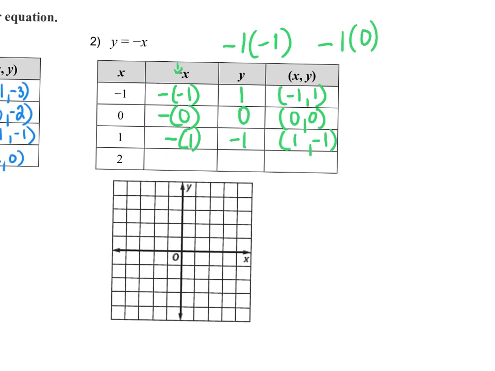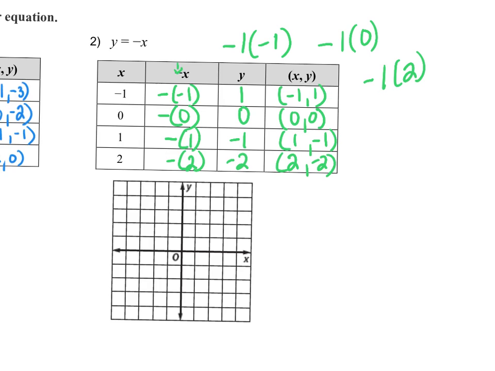And then our last one is negative 2, so our point is (2, -2), because negative 1 times 2. Pretty much, when that negative is there, it's making it the opposite.